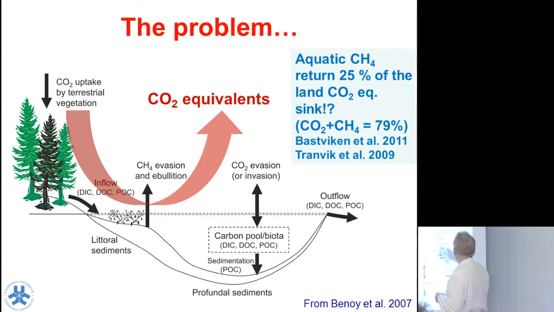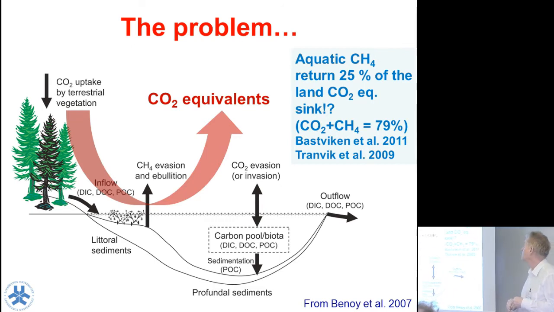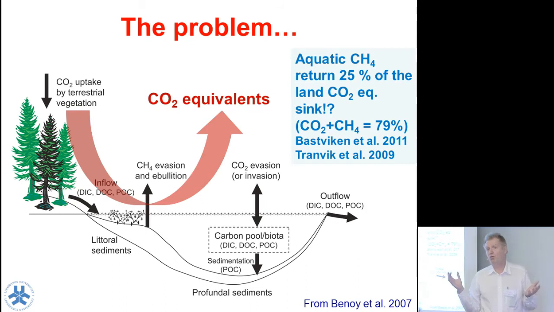Because if I add the CO2 and the methane, using CO2 equivalents, 80% of the fixed carbon goes out here. And this is from 2 science articles. Now, if we forget the methane and just look at the CO2, I say no problem, because we have estimated the sink by a global budget.